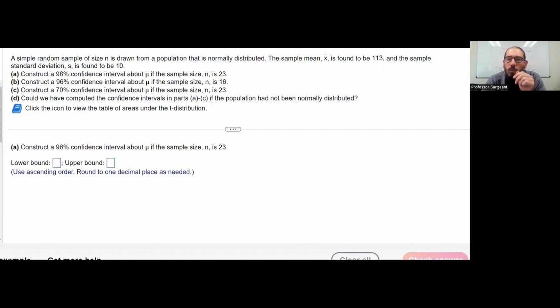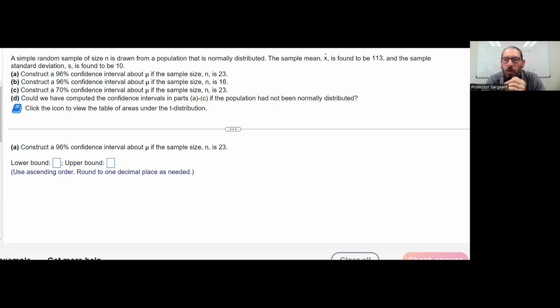I'm going to take a look at an example of creating a t confidence interval and the effects of changing confidence level and of changing the size of the sample. Here we begin with being told that a simple random sample of size n is drawn from a population that is normally distributed.